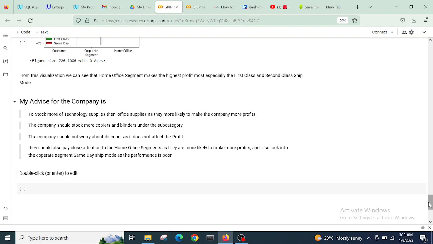From our visualization, there is no correlation between these two variables. You should also pay close attention to the home office segment, as they are more likely to make more profit, and look into the corporate segment, same day ship mode, as the performance is poor.